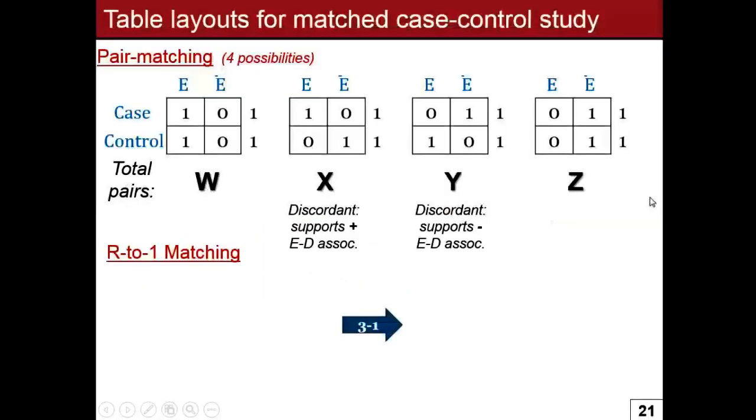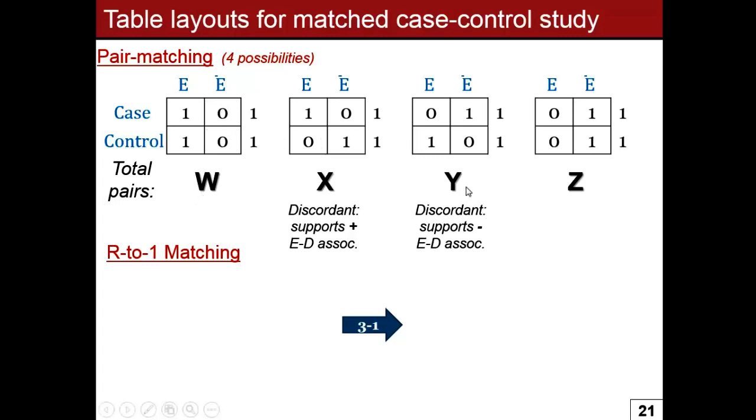So when we did matched analysis last spring, we were thinking about the stratified approach mainly, and we saw that in the pair-matched situation, there were really only 4 ways that this can go. When you have one case and one control, and you're considering who's exposed and unexposed, there are only 4 configurations, right?